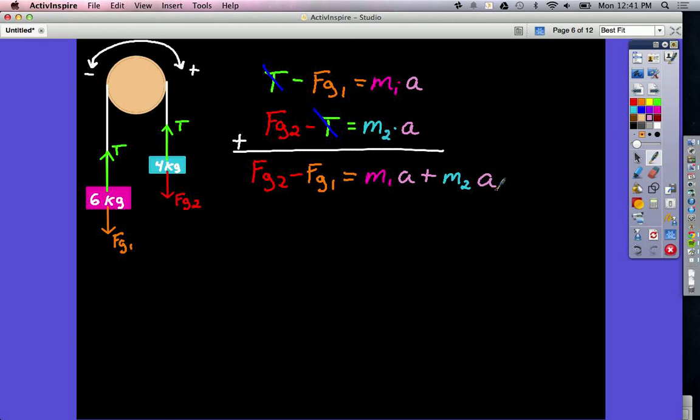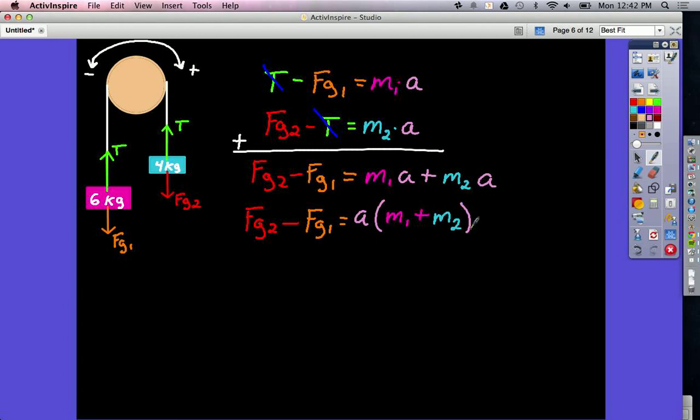So mathematically what we can do is we can factor it out. My left side remains unchanged, force of gravity 2 minus force of gravity 1. And on the right side, I factored out my a, which leaves m1 and m2 in parentheses.